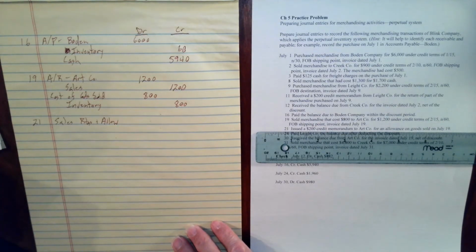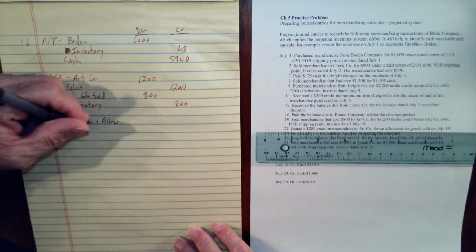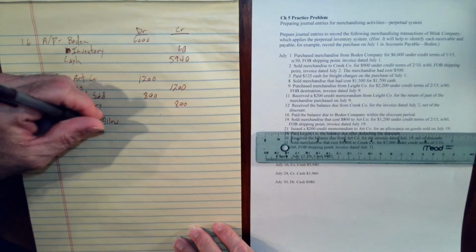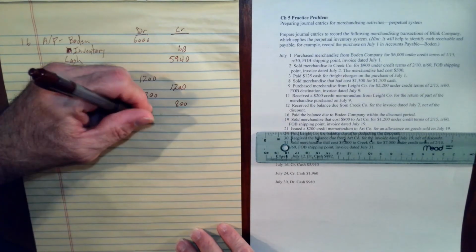And then a credit will wind up going to accounts receivable for Art Company. For the $200.